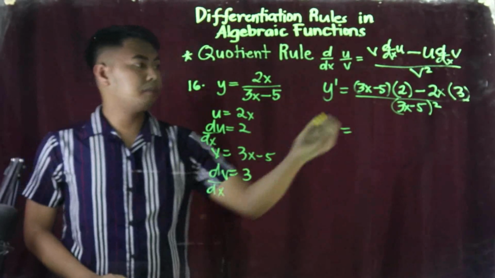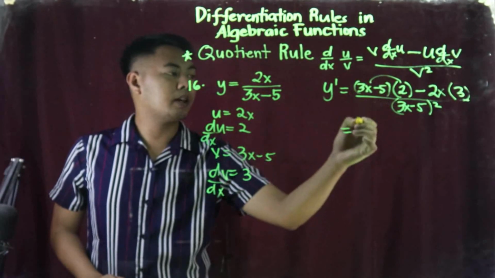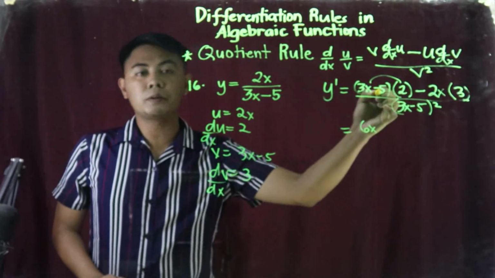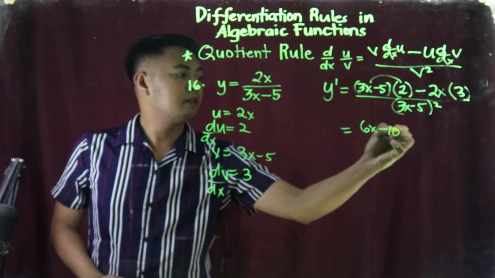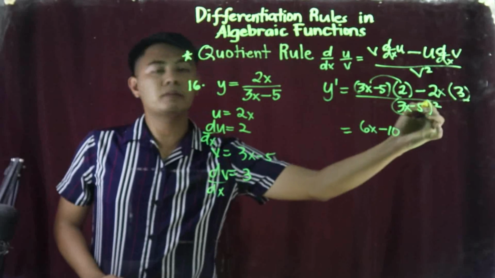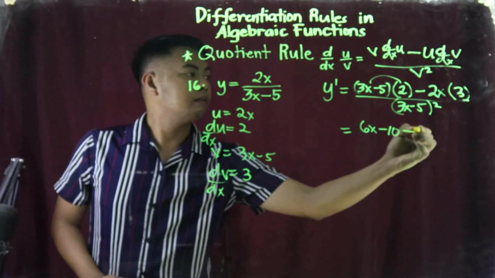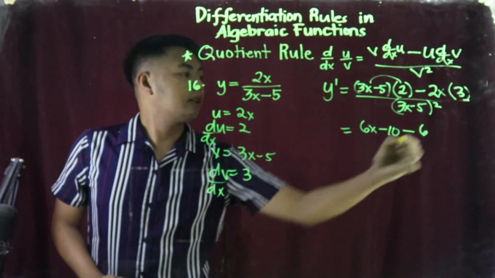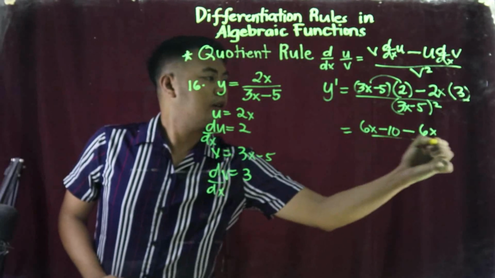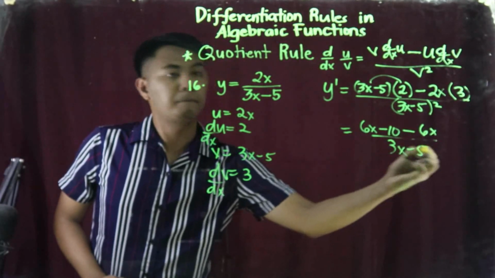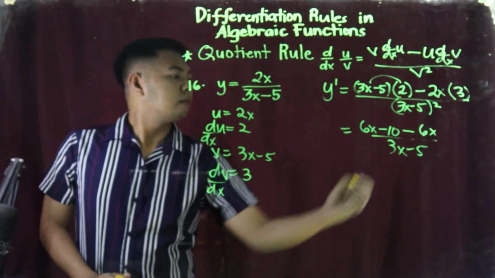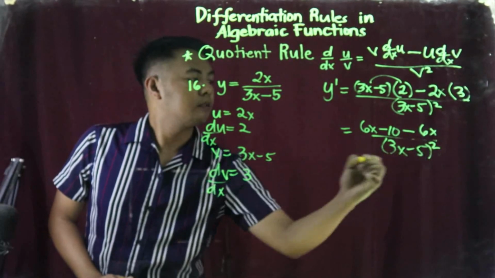Okay, then distribute. Simplify the numerator. 2 times 3x, that is 6x. 2 times negative 5, that is negative 10. 3 times negative 2x, that is negative 6x, all over 3x minus 5 quantity squared.